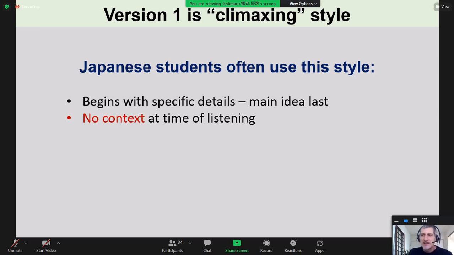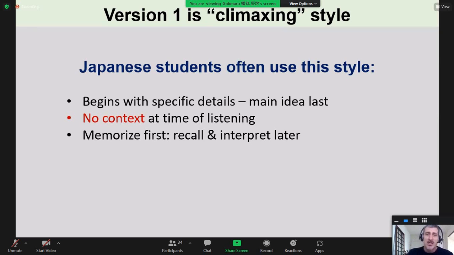The listener must memorize all of the information first. Then at the end of the slide, when the presenter finally tells us the message, we now have to go back and remember the information and decide, do I agree that that information supported this message?